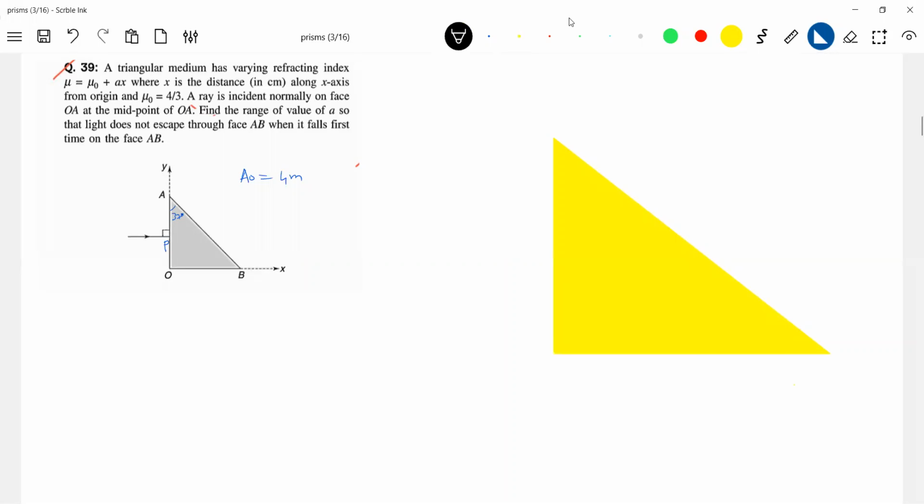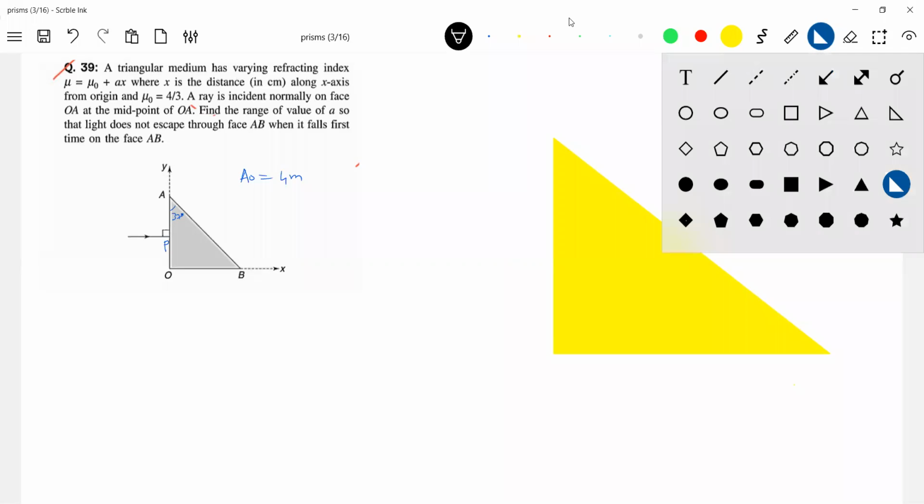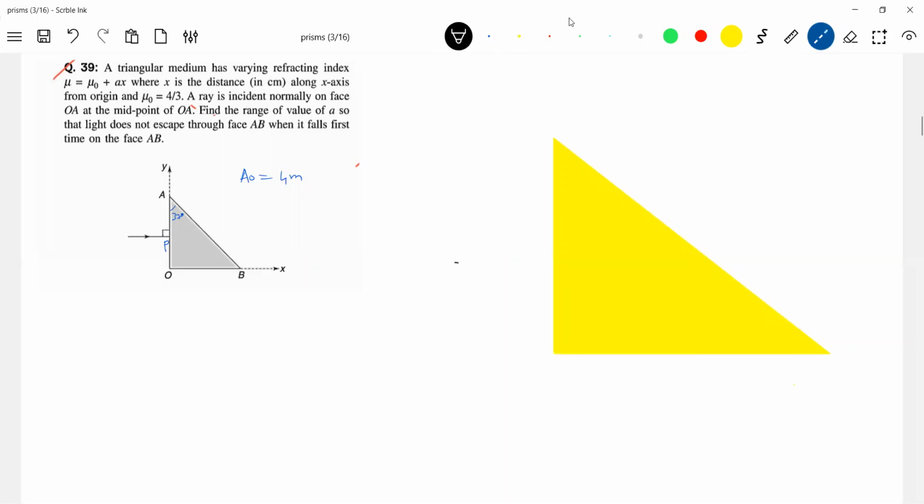Okay, there's a thing. The ray is entering here. So this angle is 37 degrees. Let me take this as AO, B. This is the x-axis.